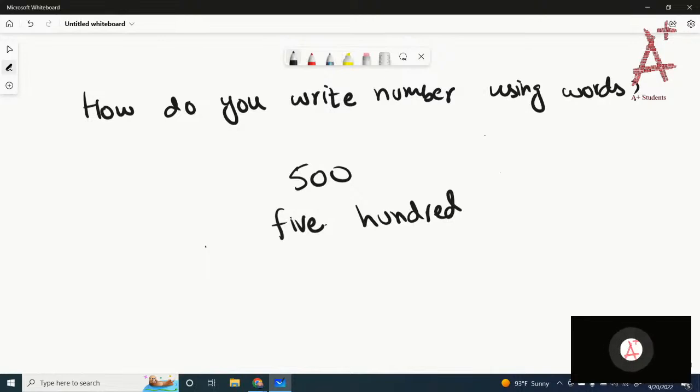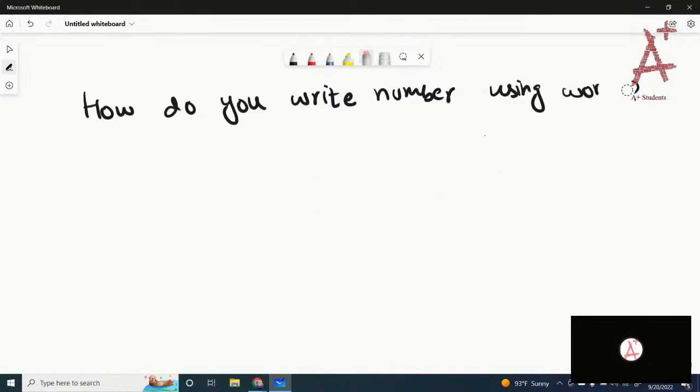The next one is how do you write this number using digits? So you are given the words, you have to write it in digits. It is 21. How do you write 21?